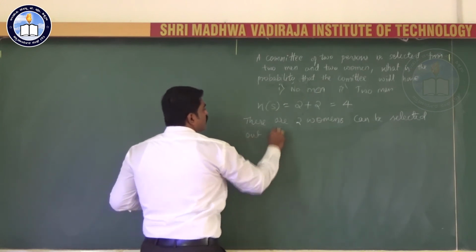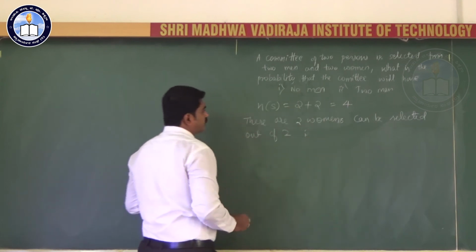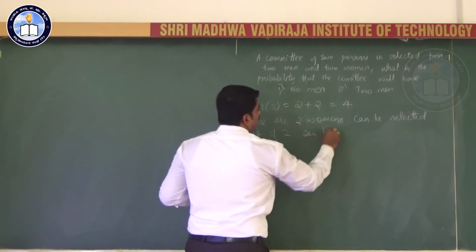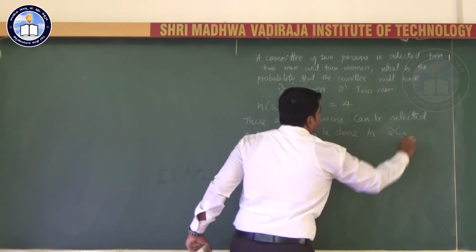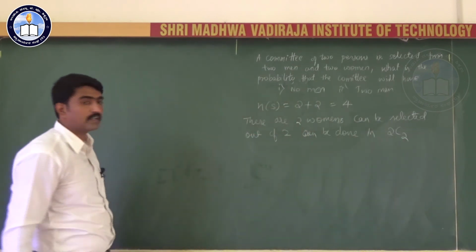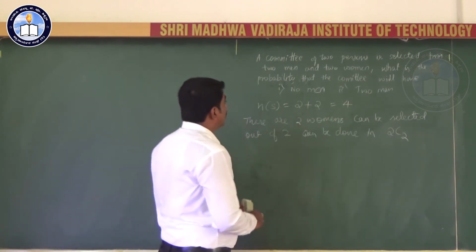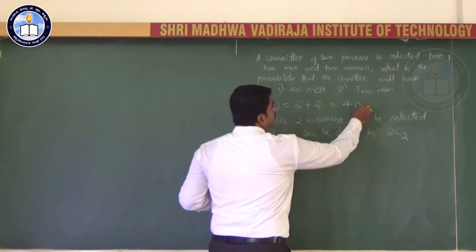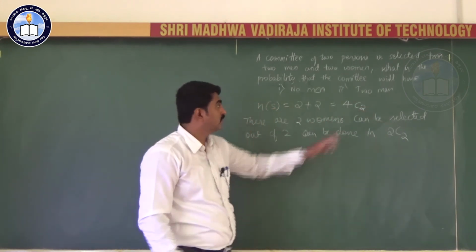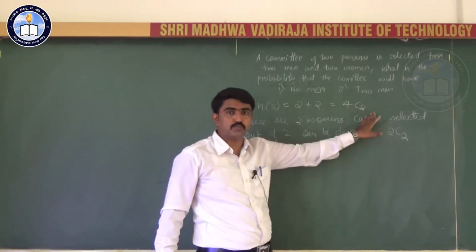2 out of 2, so it can be done in 2C2 ways. It is a combination. So what is n of S? We have to select 2 persons out of 4, therefore 4C2.